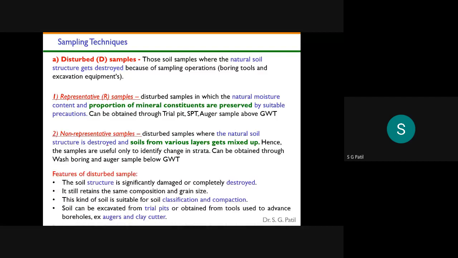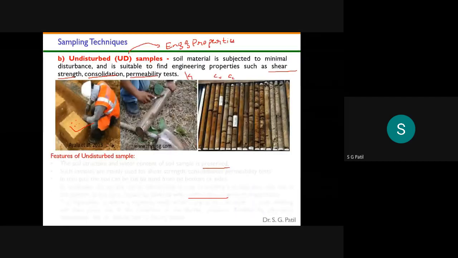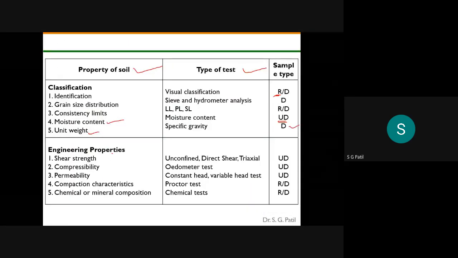Those things will be asked. Many times I will put some portion which may not be helpful for your exam purpose, but from the knowledge point of view I am putting these tables. Wherever I put some extra portion, I will let you know, so you can avoid those for the examination point.